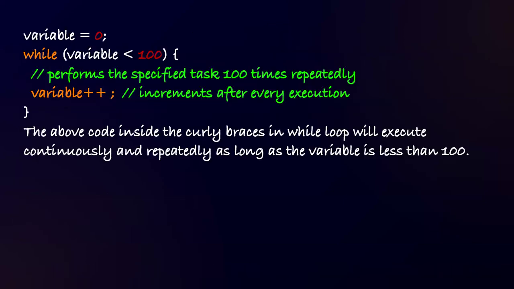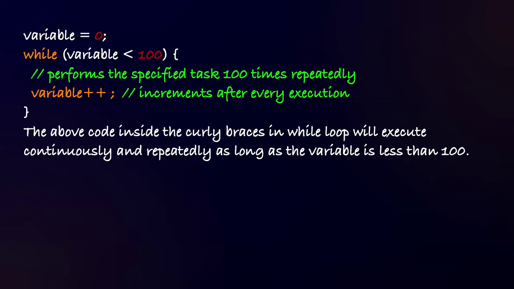Let us see how it works. First, let us see a very small example of how we can give it. If variable equals 0, while variable less than 100, this is how we type the statement for the task to be performed. The task should be performed until it reaches 100 times. That means it will go on performing the same task until that happens.